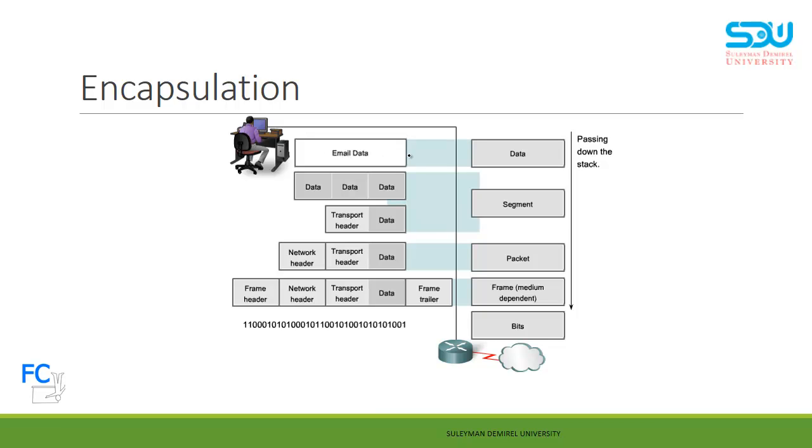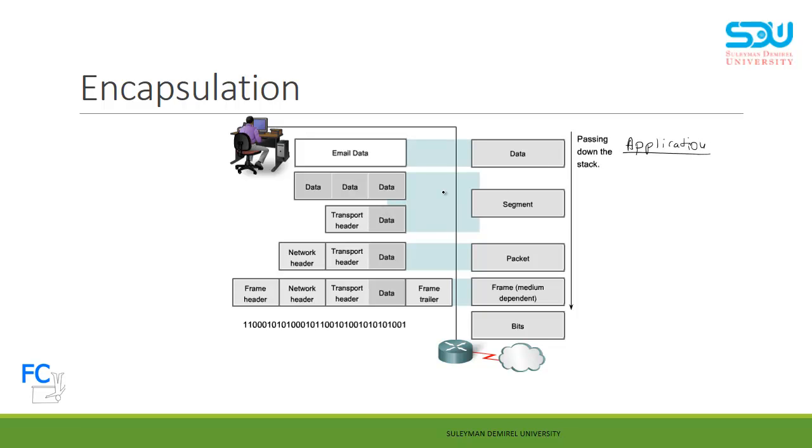When this data is ready to be sent from the application, it goes down through a networking model. For example, in this picture we just have the TCP/IP model, and when our data is in the application layer, it is called just data.